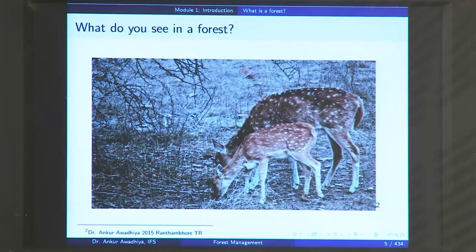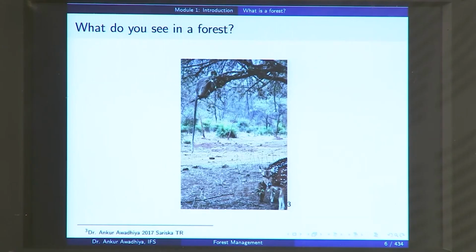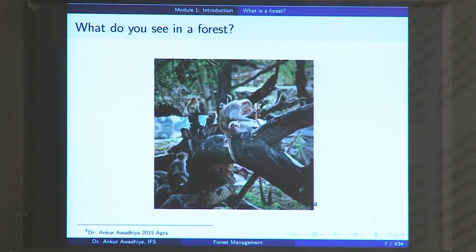Like this cheetal. Cheetal is a very common species that is found nearly everywhere in India. Or we might see communities of animals such as these cheetals that are interacting with these langurs. Or we might see some animals that are doing some activities, like these monkeys that are engaging in a social activity.